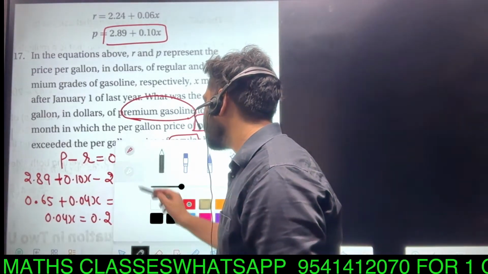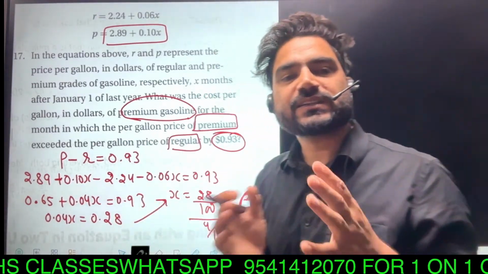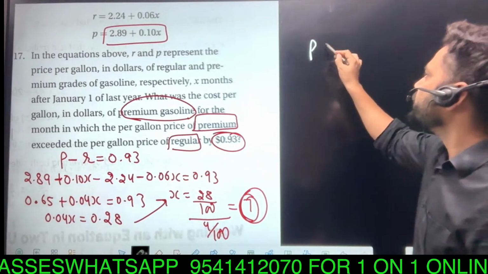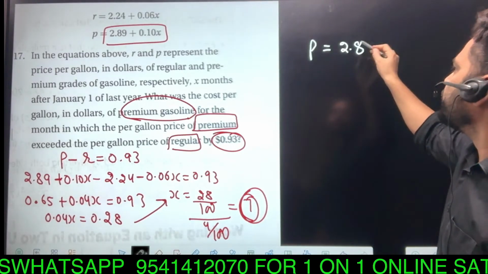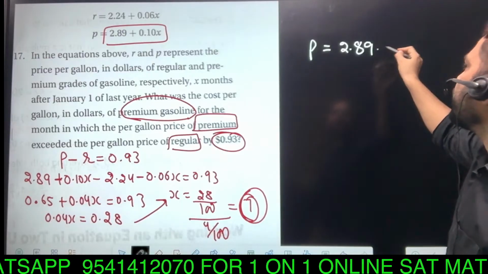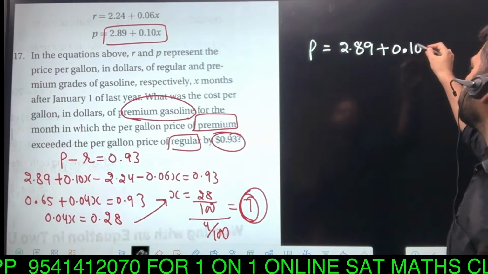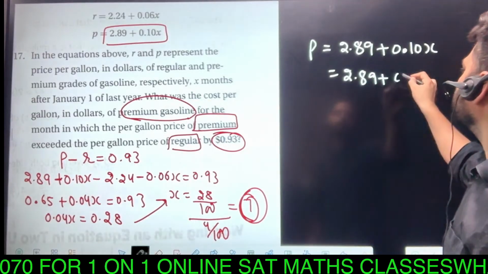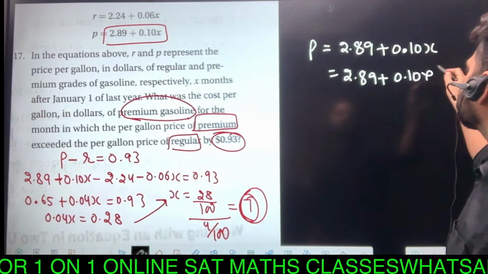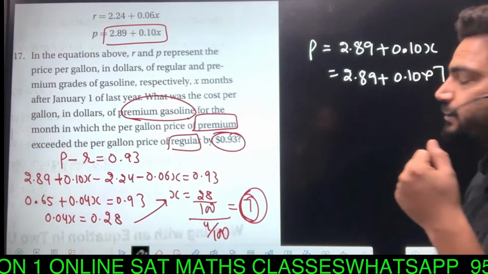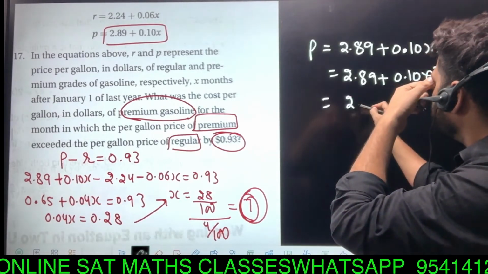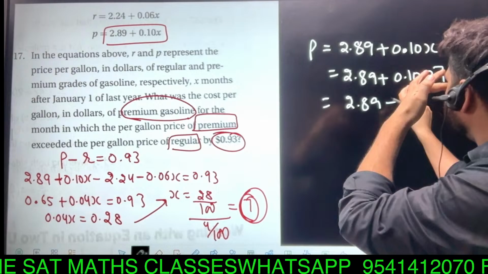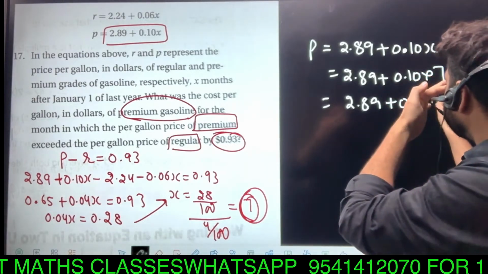Now how to find the price of premium gasoline? The relation is given in the question. In the question they have given P is 2.89 plus 0.10x, and it will be equal to 2.89 plus 0.10x. What is x? 7. In the 7th month it is happening, so it is 2.89, and we have to add 0.70.